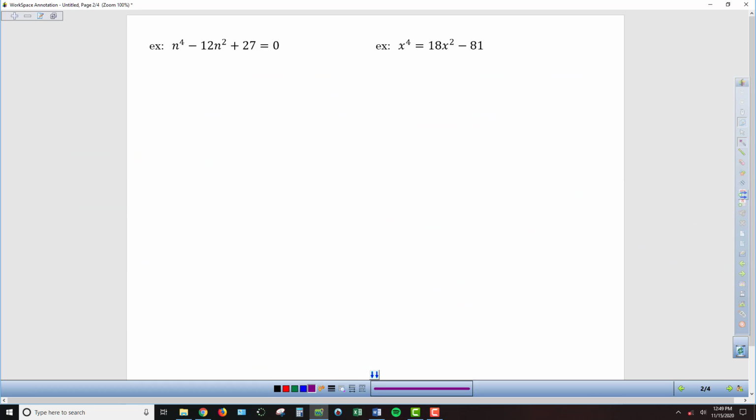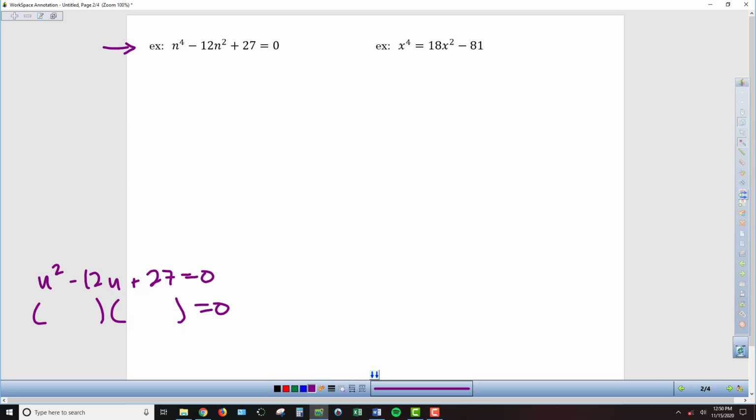We can also use regular reverse FOIL techniques on problems that have an exponent higher than 2. So if this problem here was n squared minus 12n plus 27, we would factor it into 2 sets of parentheses.